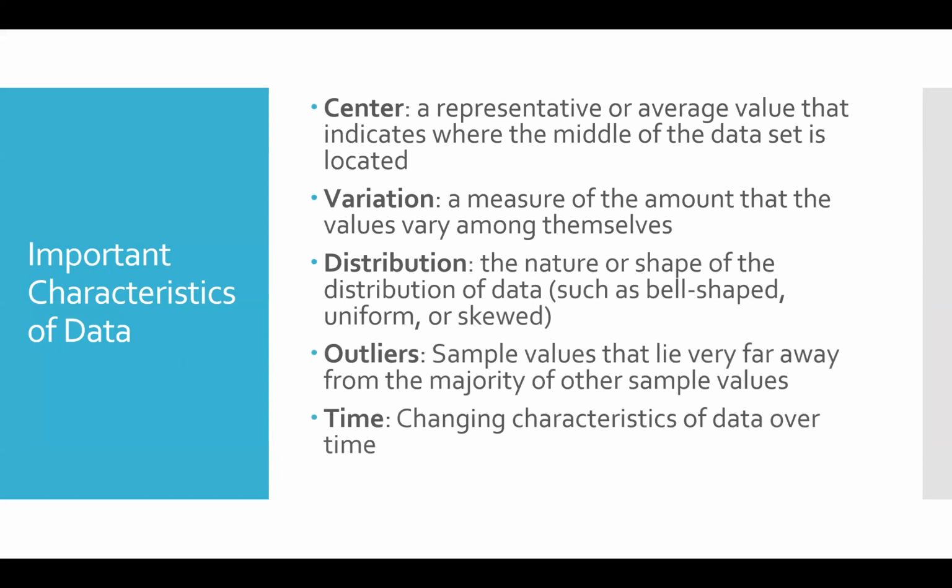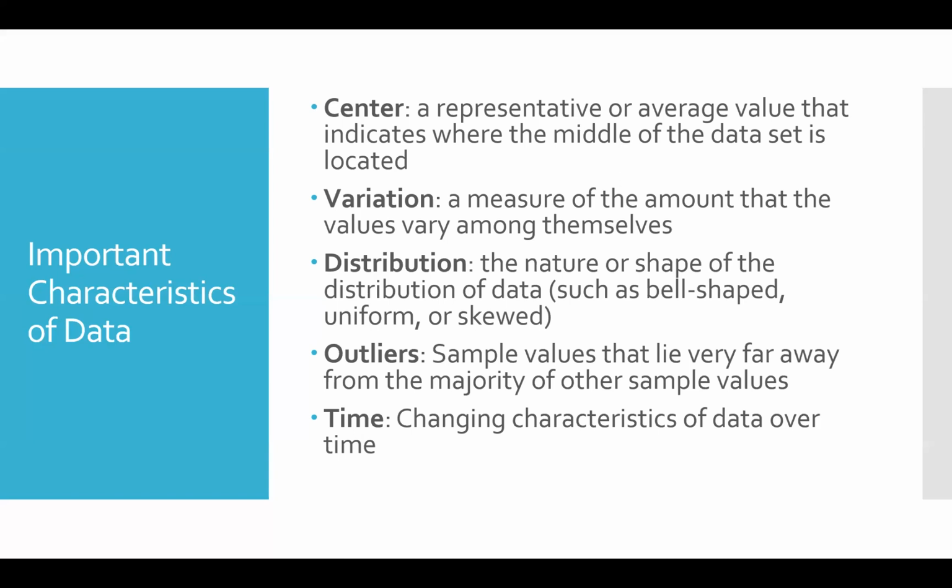The center is that representative or average value that indicates the middle of the data set. So when we think about center, we're thinking about the middle or the average. Variation has to do with how much the data varies between each other, but also from data set to data set.